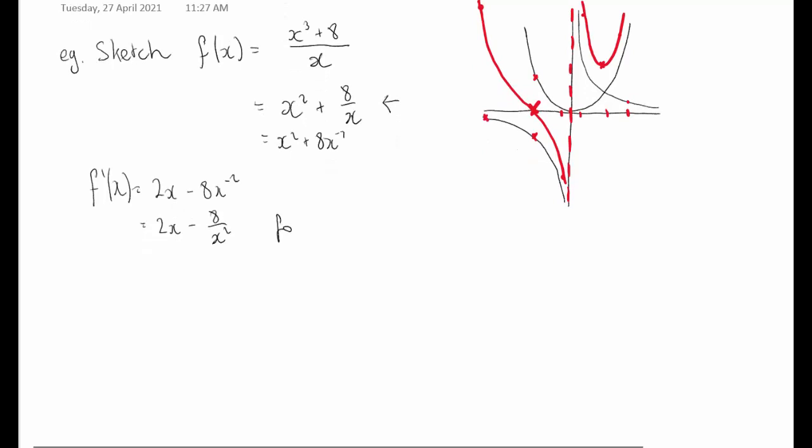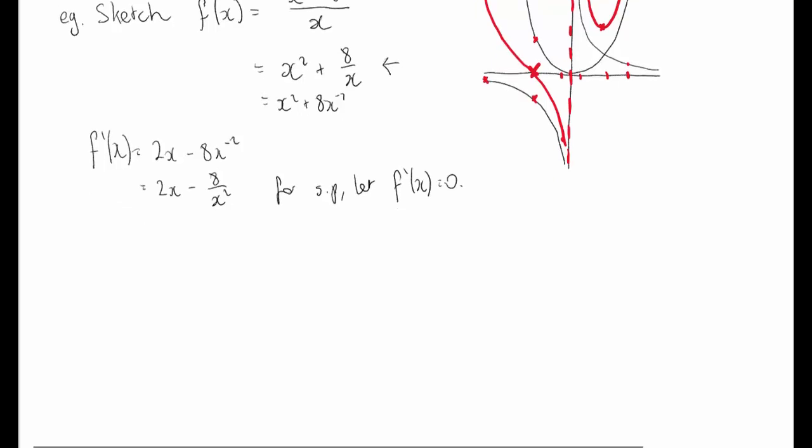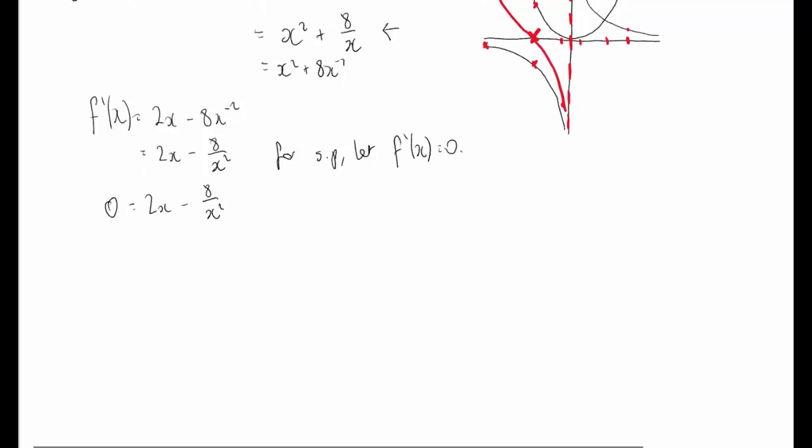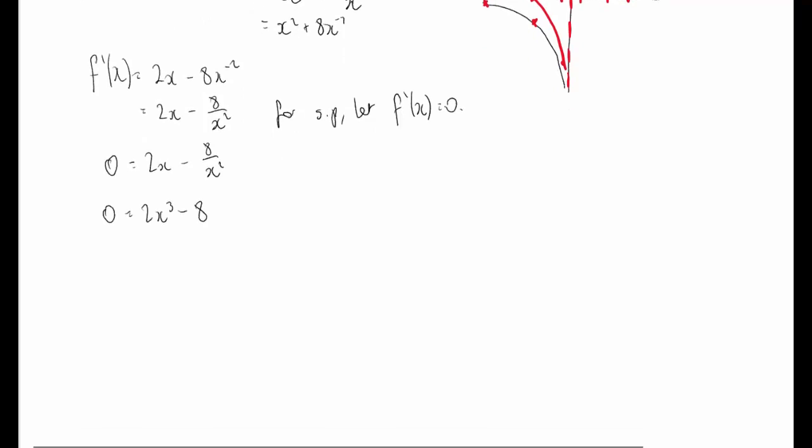For stationary points, let f dash x equal 0. So 0 equals 2x minus 8 on x squared. I'm going to multiply everything by x squared just to get rid of the fraction. So 0 equals 2x cubed minus 8.